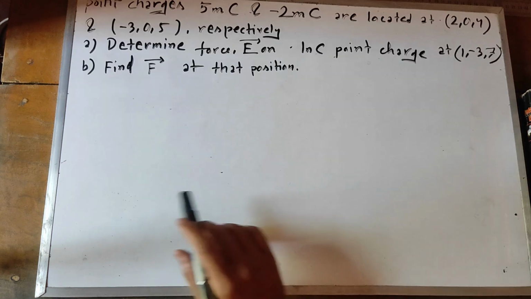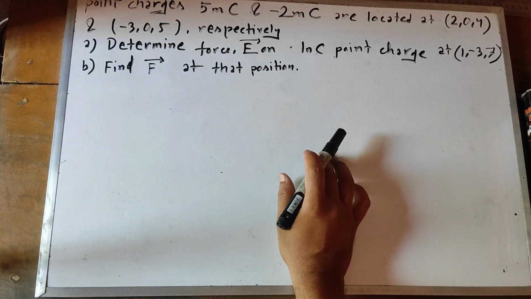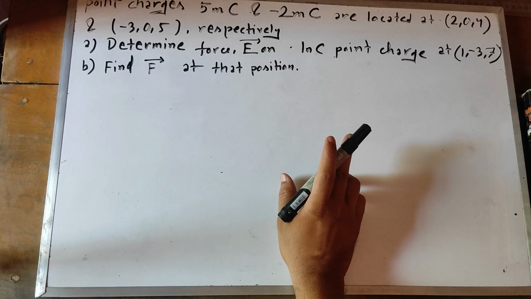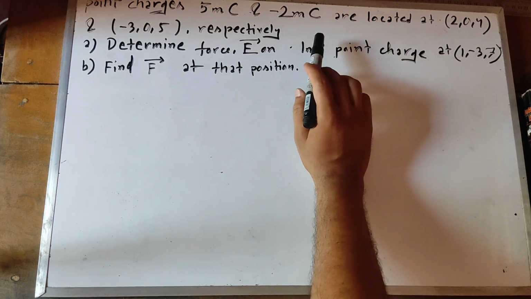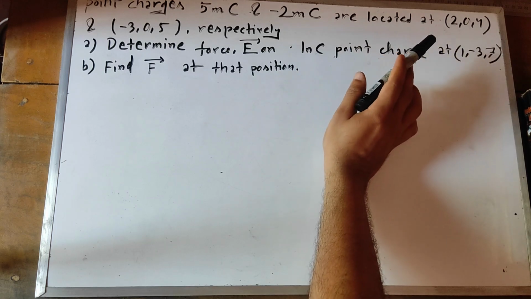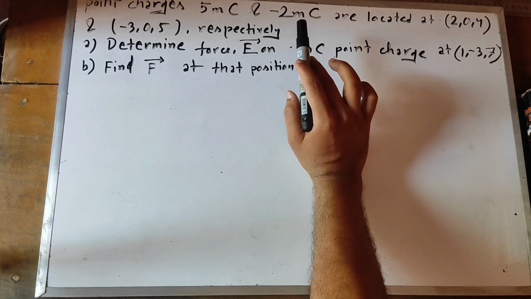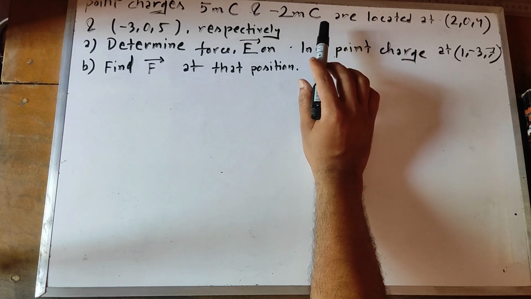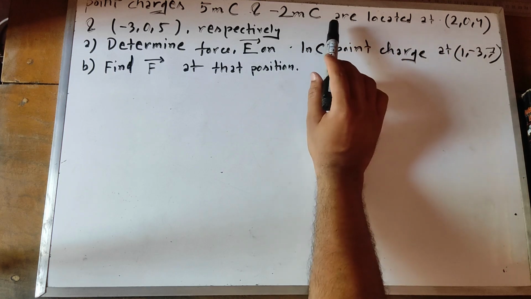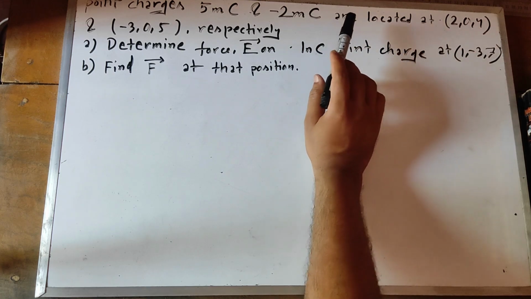Okay, here the question gives the information of 2 point charges. One is 5 millicoulomb and the other is -2 millicoulomb, because charges can be either positive or negative, and these two charges are located at the coordinates 2 0 4 and -3 0 5 respectively, in the Cartesian coordinate system.